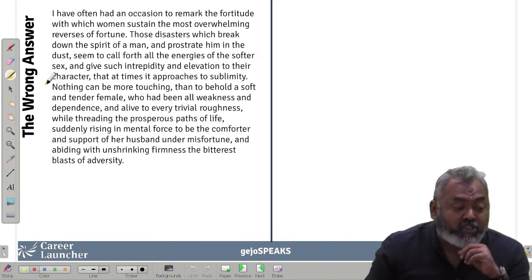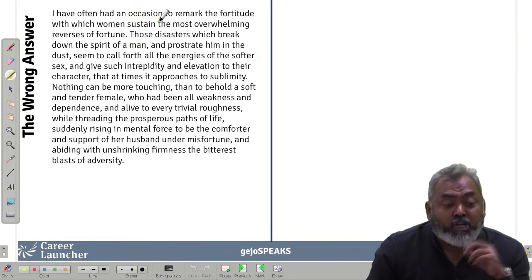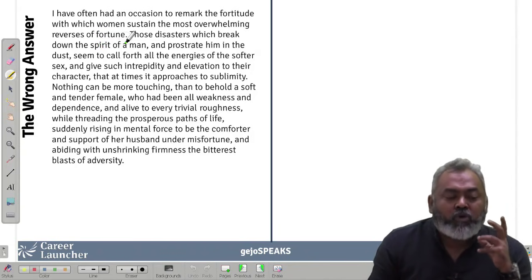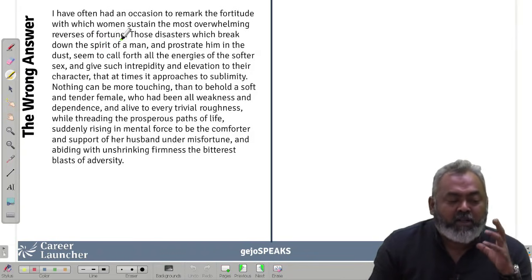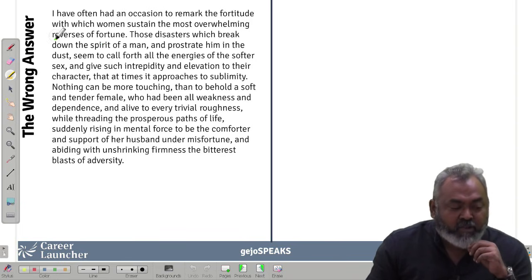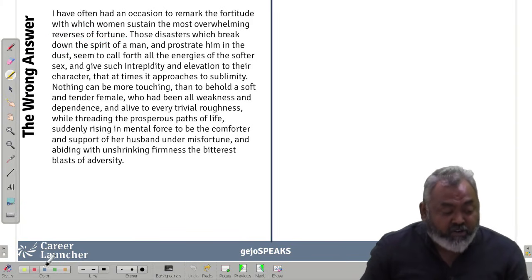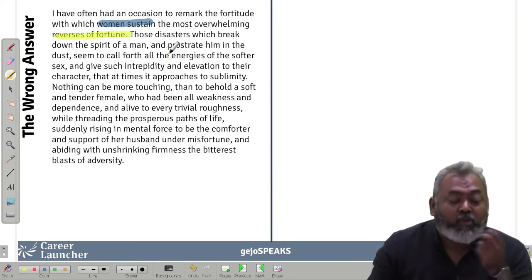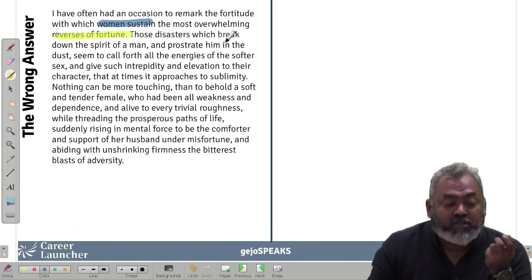It says, I have often had an occasion to remark the fortitude with which women sustain the most overwhelming reverses of fortune. Now, the context here is reverses of fortune. This talks about women sustaining that overwhelming reverse of fortune, and then goes on to say, those disasters which break down the spirit of a man.